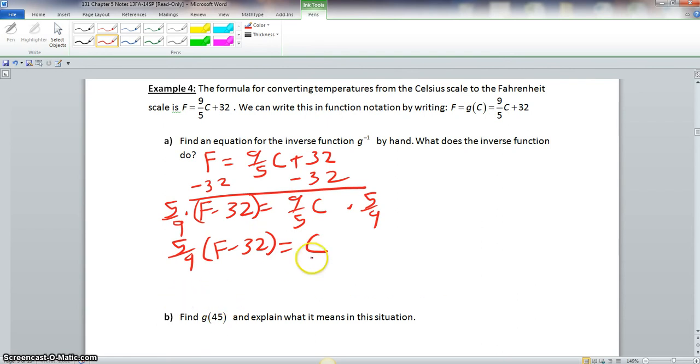Now, remember, this C represents the inverse function. So we will write this as G inverse is equal to 5/9 times the Fahrenheit minus 32.